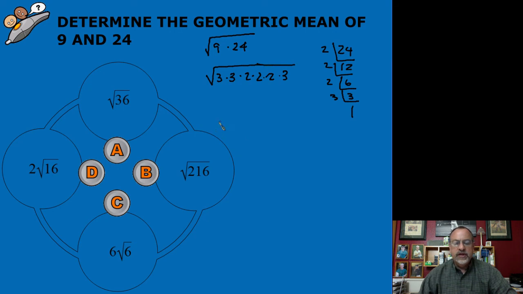Okay? So then I'm looking for 2 of the same thing. So these two 3's are on the outside now as 1. These two 2's are on the outside as 1. I only have one more 2 and one more 3, so I'll have to multiply those together. And so I'll multiply the numbers on the outside, so I have 6 square root of 6 would be the geometric mean of 9 and 24.